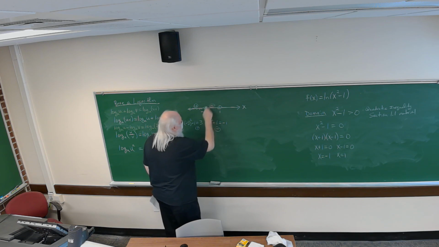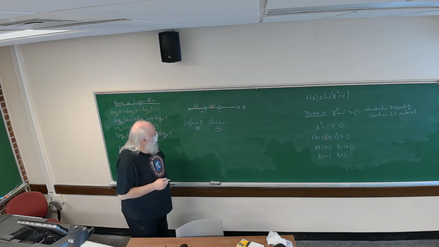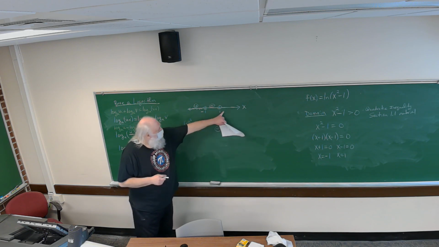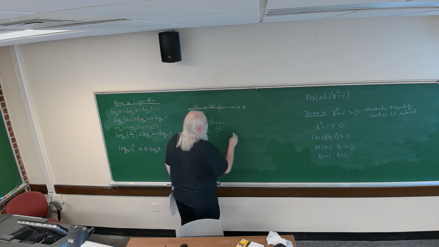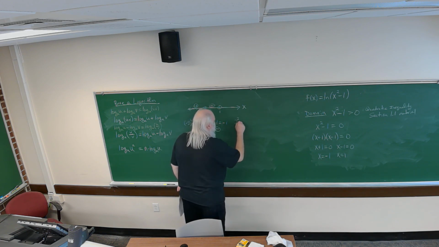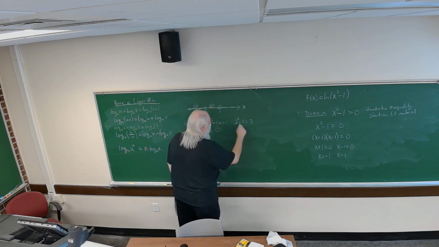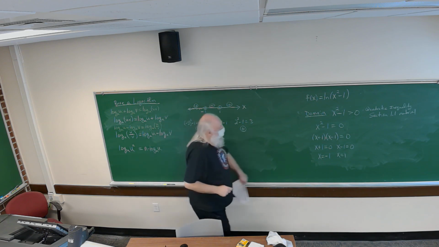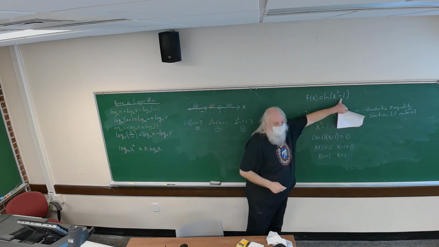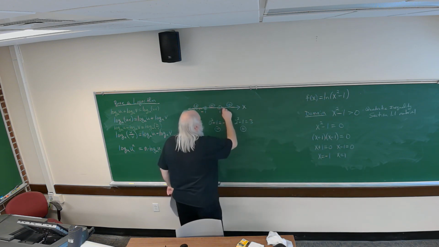So none of those numbers between minus 1 and 1 work. Then in this third interval, 2 is greater than 1. So I'm going to put 2 in for x, and 2 squared minus 1 is equal to 3 again, which is positive. So any number greater than 1 will make x squared minus 1 greater than 0. So these numbers work.